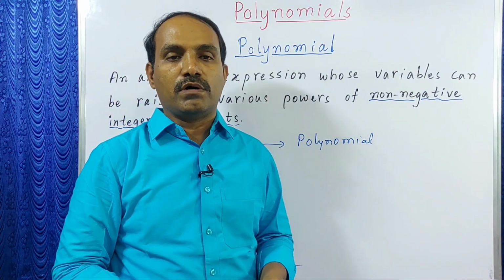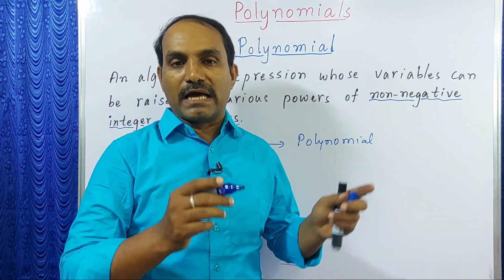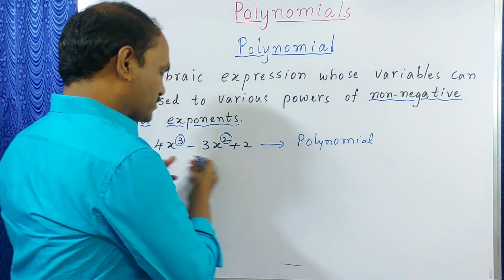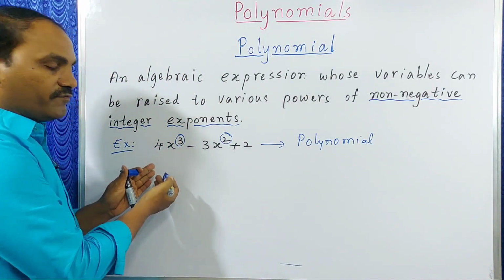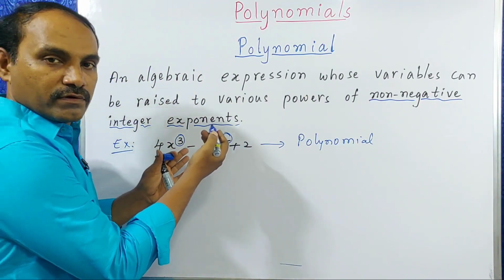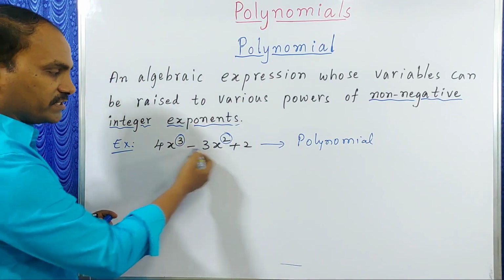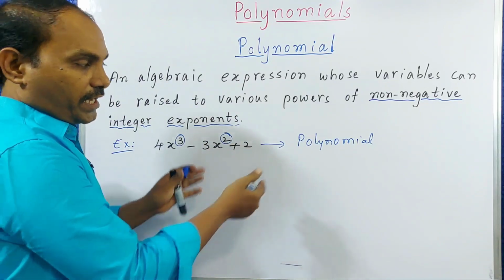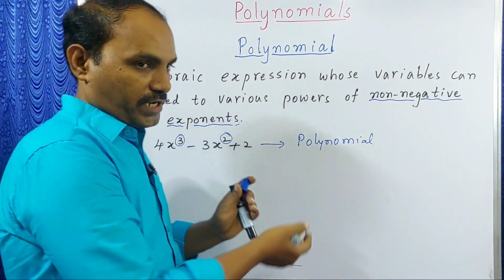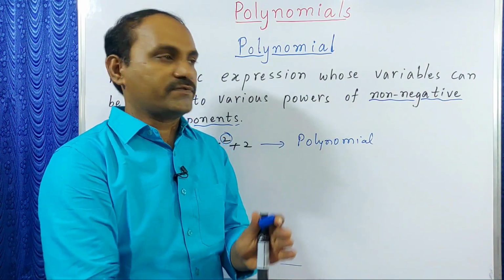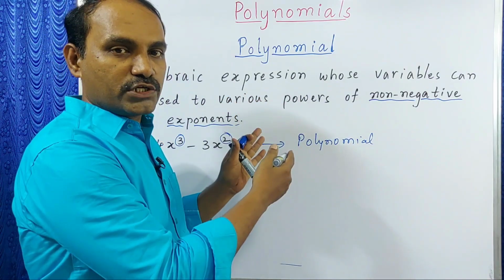A polynomial is also a special type of algebraic expression. This one is also an algebraic expression, a combination of variables and constants along with basic operations. An algebraic expression becomes a polynomial when it satisfies this rule. What is that rule?